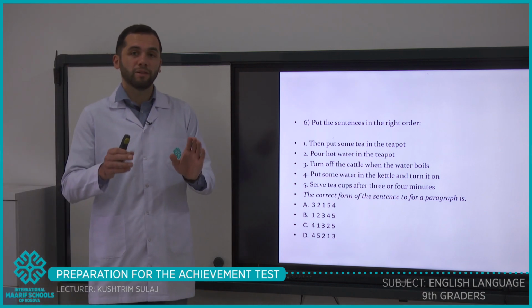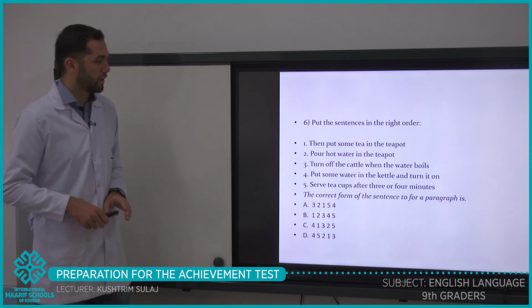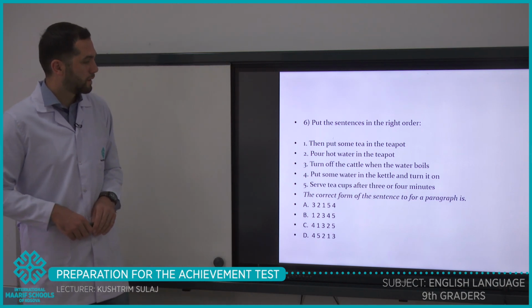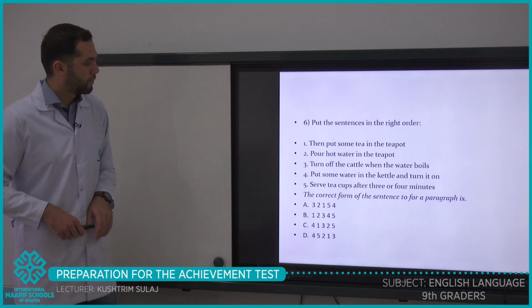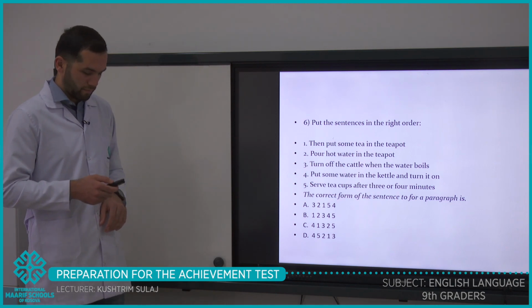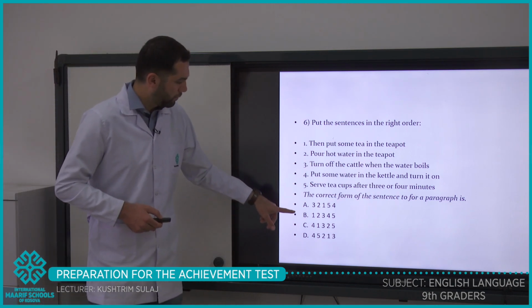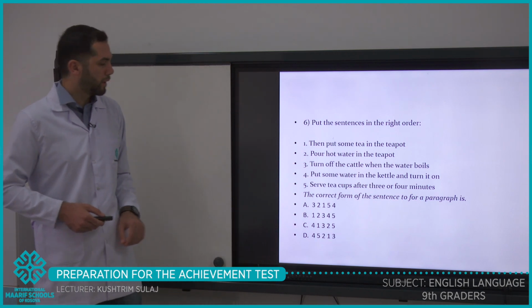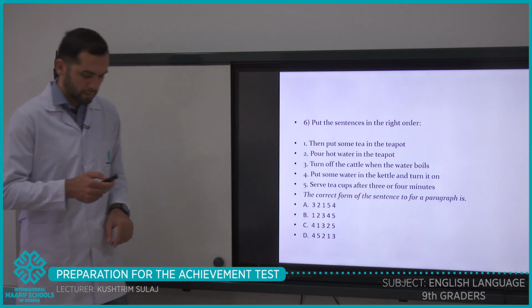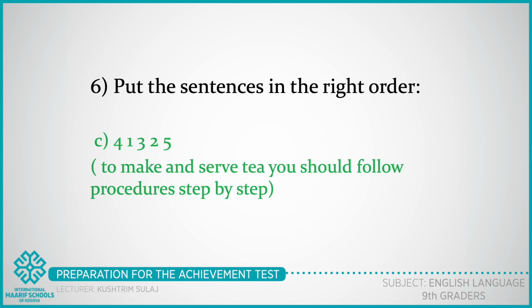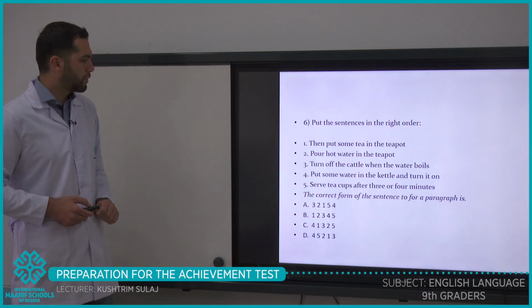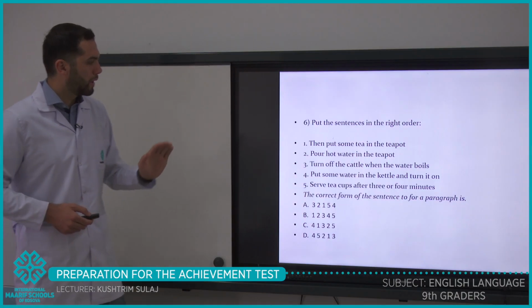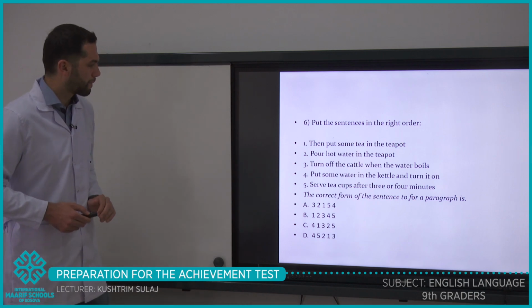You have to imagine yourself in the kitchen, having a kettle, and to see what's the first step. Actually, you have A, B, C, D, the ordering of the sentences, and the right answer is C. So, the first step is to put some water in the kettle and turn it on.